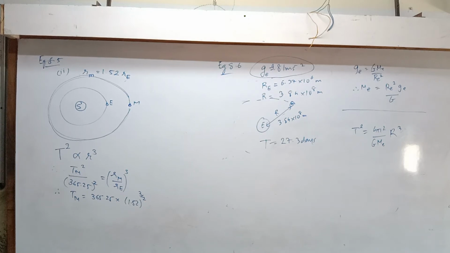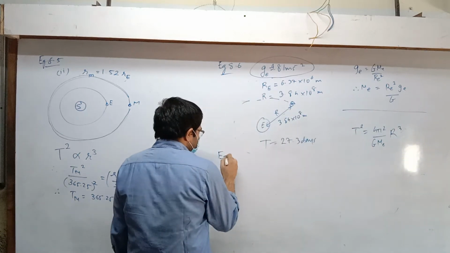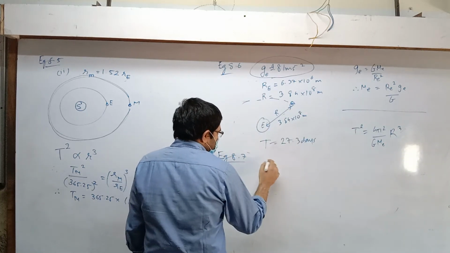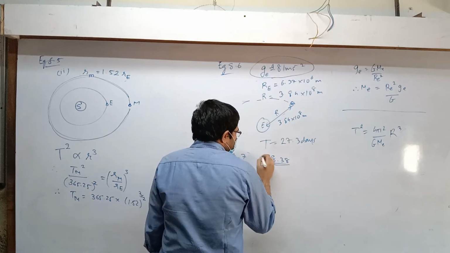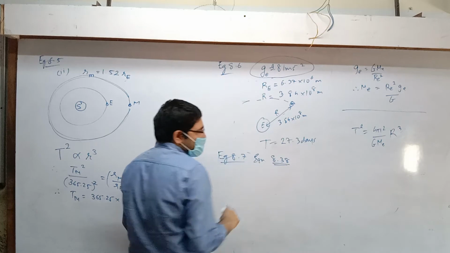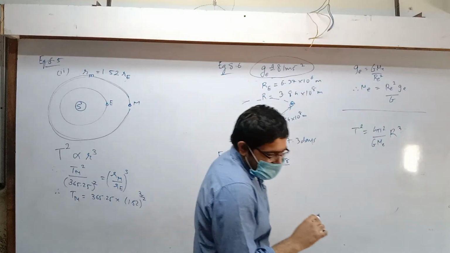Example 8.7. Express the constant k of equation 8.38. Alright, 8.38. So first of all, let's write the equation 8.38 in this example 8.7. Okay, these are all fairly simple questions. So what's that equation 8.38?